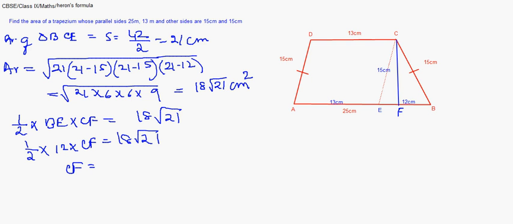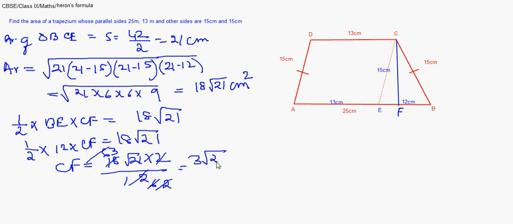We would simply calculate CF as 18√21 into 2 divided by 12. I think that's giving 3√21 centimeters.